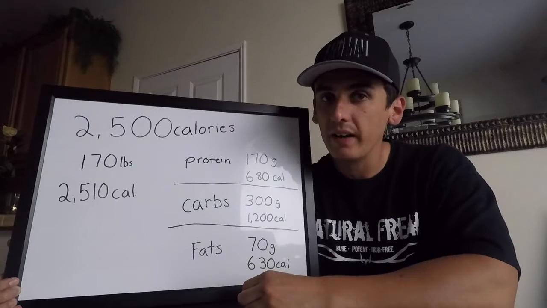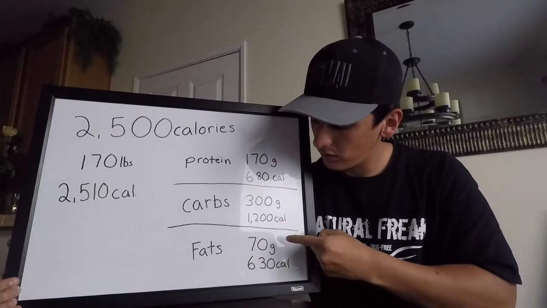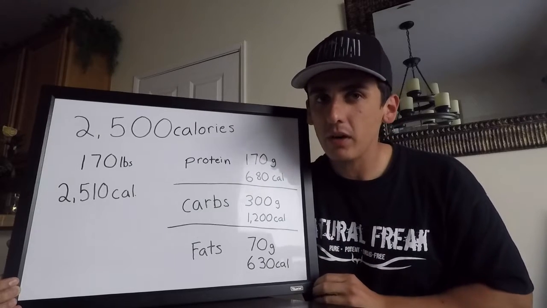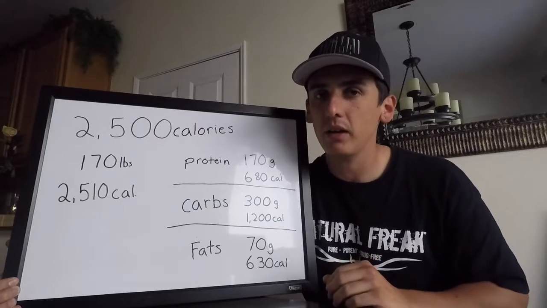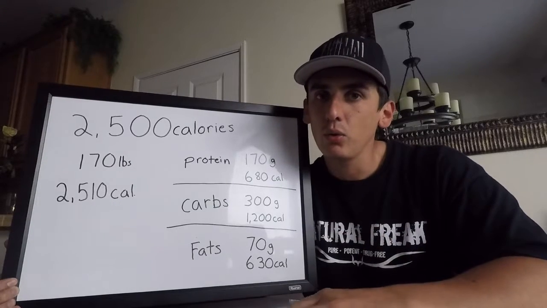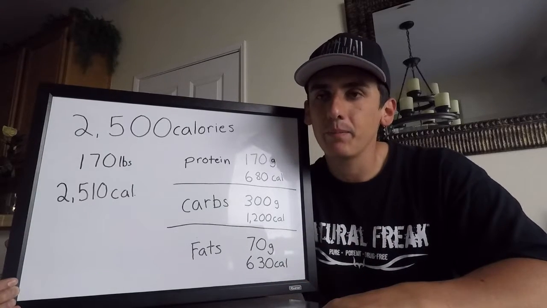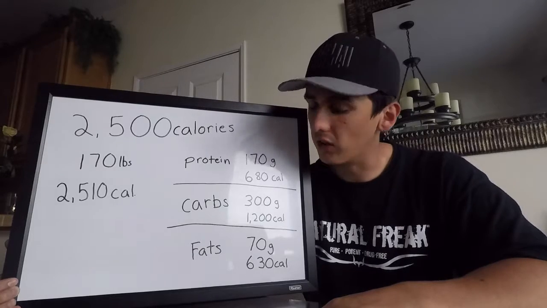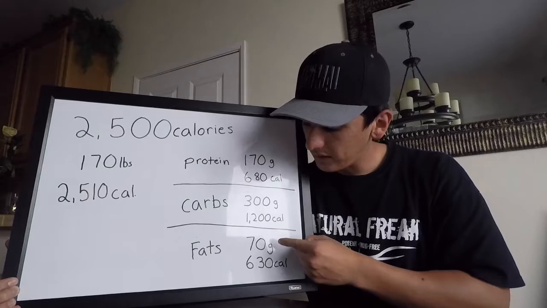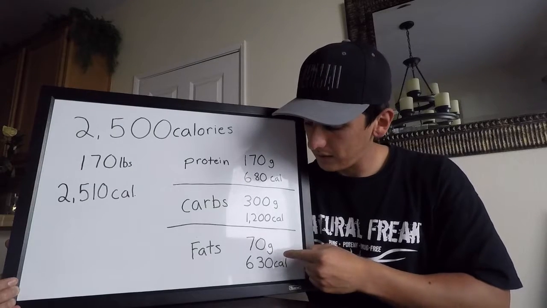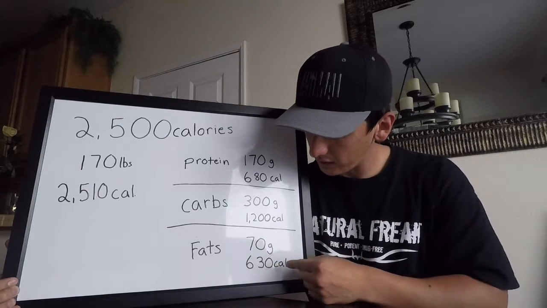Fats have 9 calories per gram. Your fat should never be over probably 100 unless you have a great metabolism and you respond better to fats than carbs. So I multiply 70 times 9, which equals 630 calories.